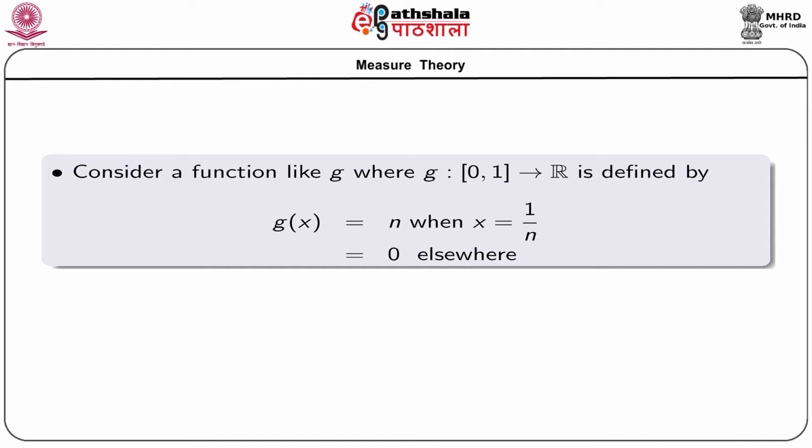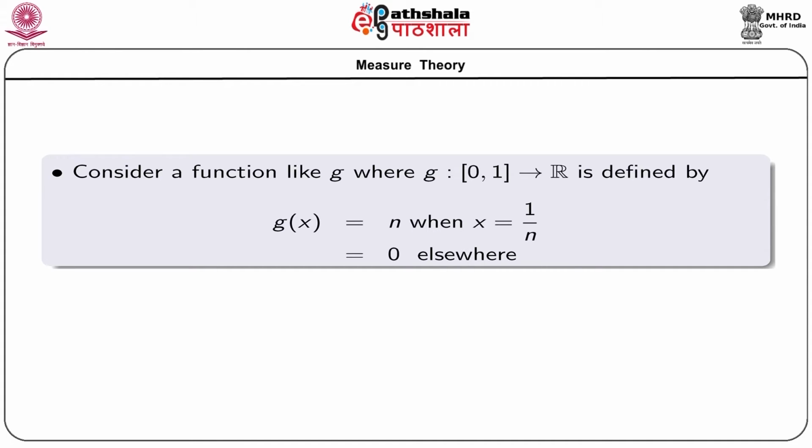Now, if we consider this function, there are countable number of vertical lines in closed 0 1. As in the case of chi Q, the only difference is that as n becomes larger and larger, the height of the vertical lines become larger and larger, but still there are only countable number of vertical lines.